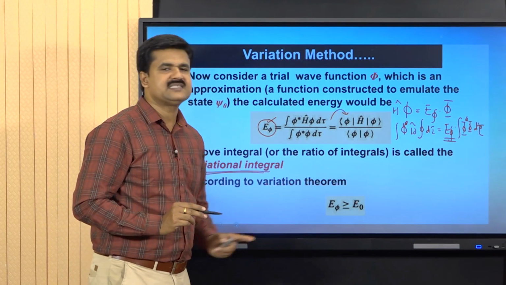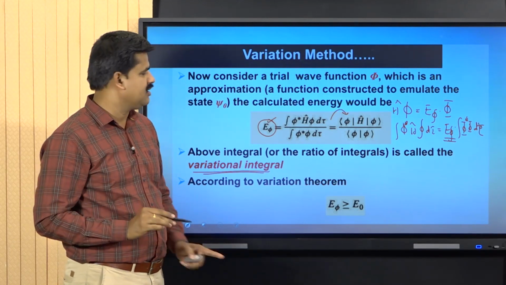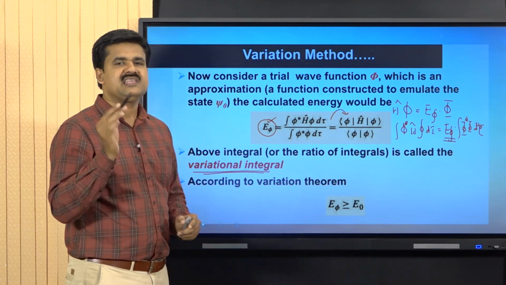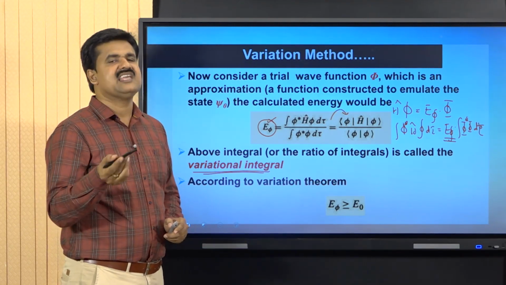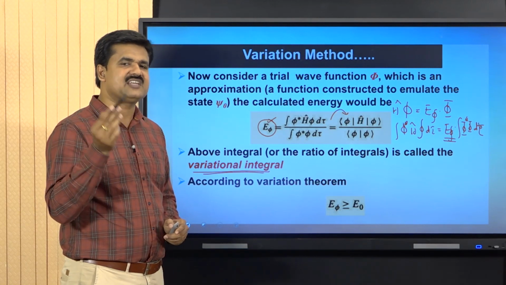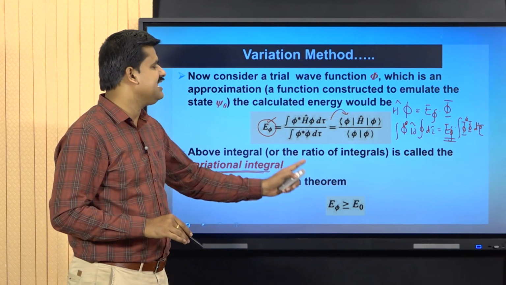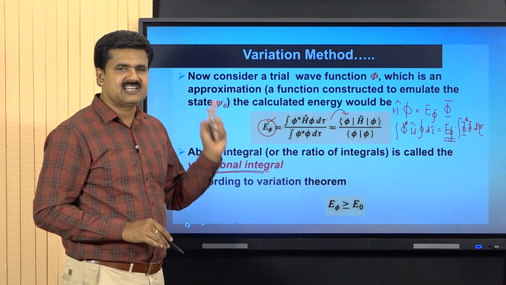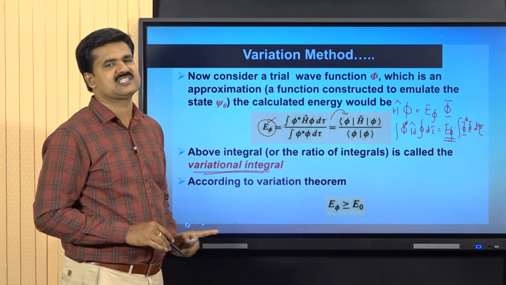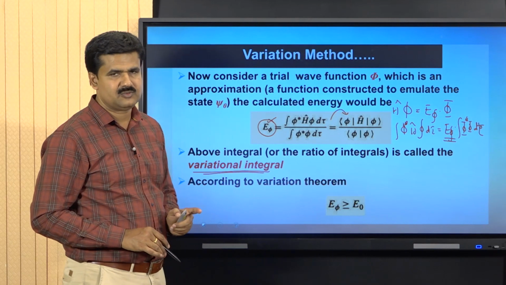What is meant by E0? It is the ground state energy of the system. What is E phi? It is the approximate energy of the system, that is, the energy evaluated by using a trial wave function. So, the variation theorem says that the energy calculated by using the variation principle will always be greater than or equal to E0.